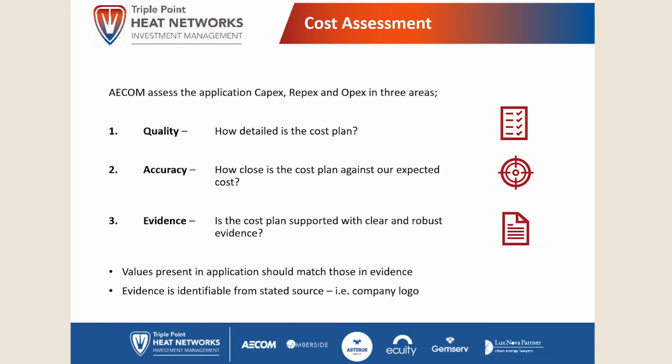I'm not sure I like number 2 being called accuracy, because it's a difficult one, but basically we generate a shadow cost plan based on the information you tell us about what the plant is and what the scheme is.